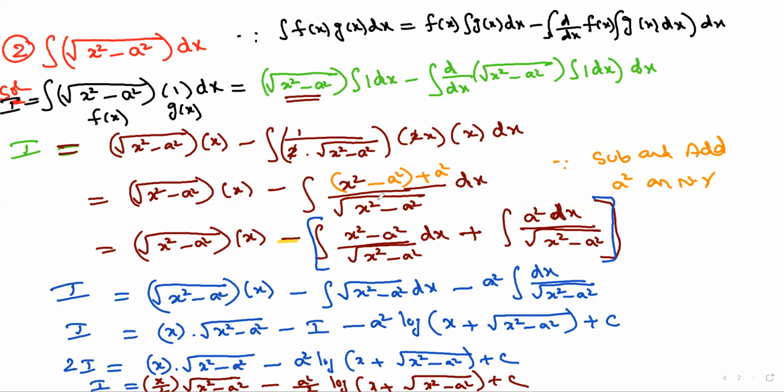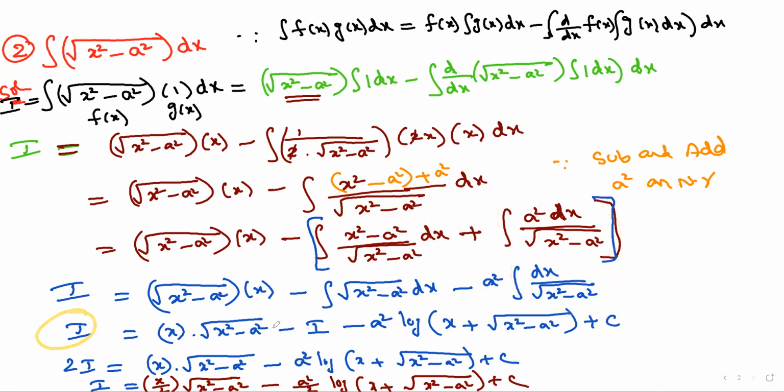So we write x square minus a square plus a square by root x square minus a square. By individual division, one root value gets cancelled, so minus root under x square minus a square, and minus into plus gives minus a square times dx by root x square minus a square.